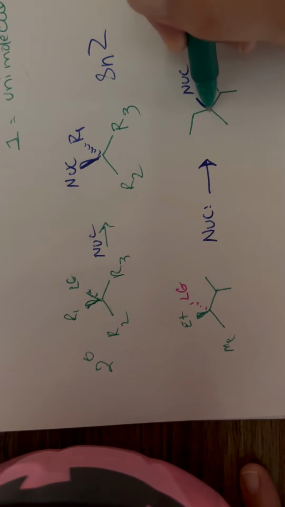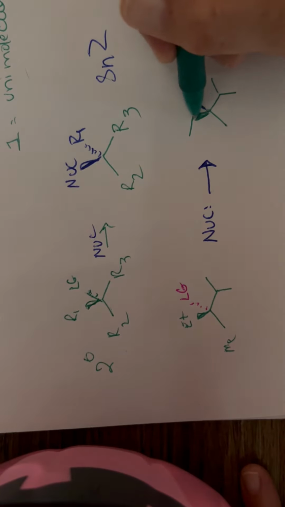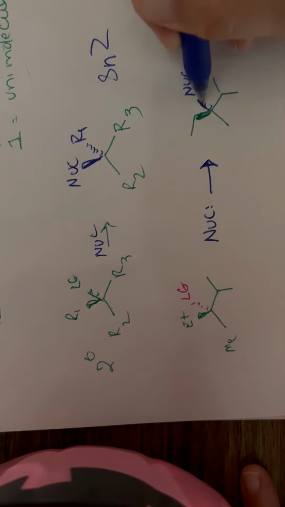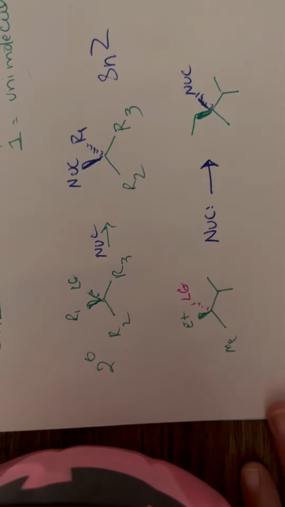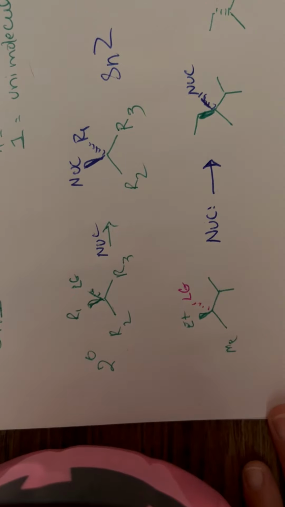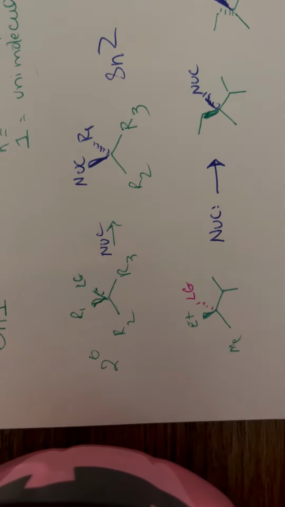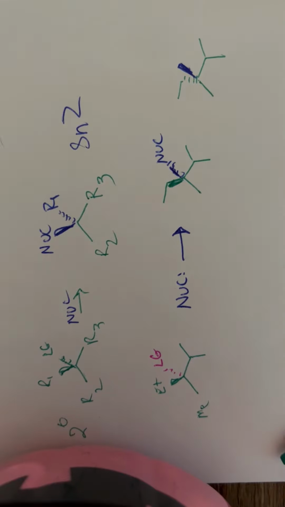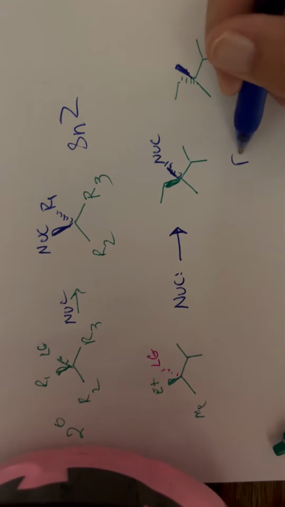So I will get both this compound and I'll also get this compound. So what that tells me is that I will have a racemic mixture.